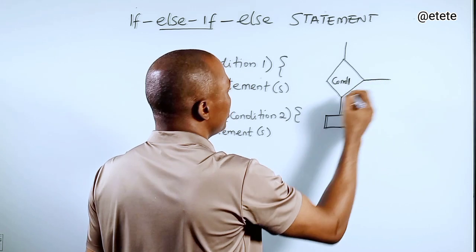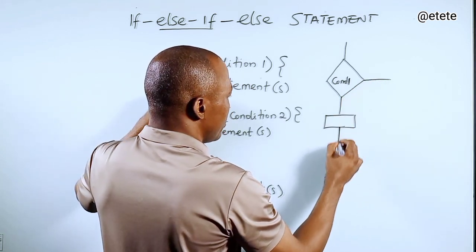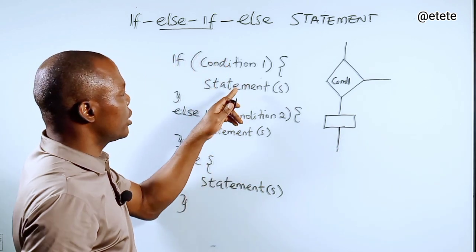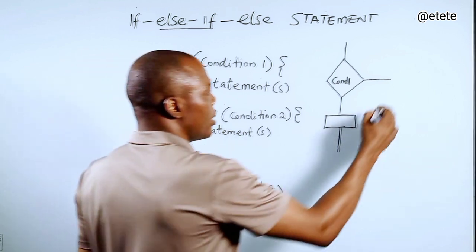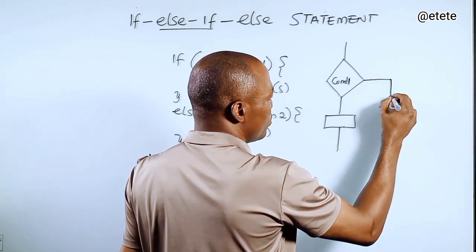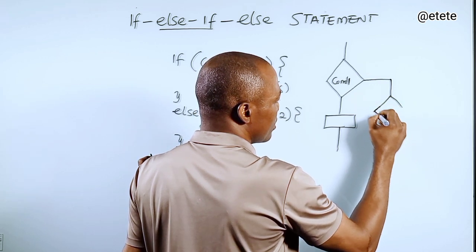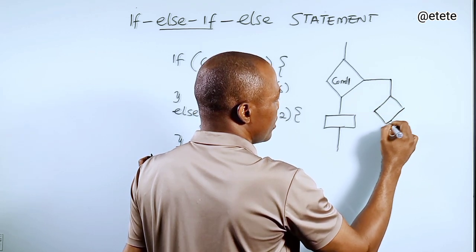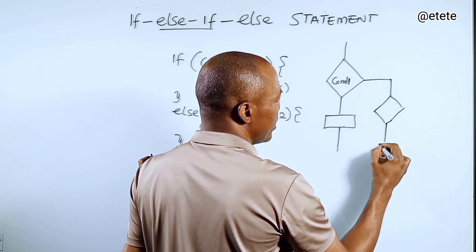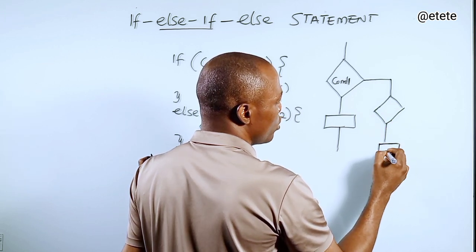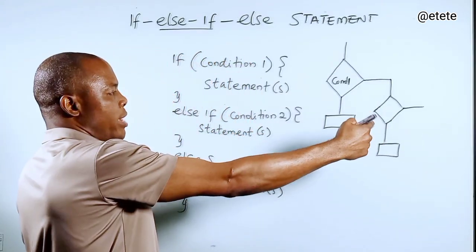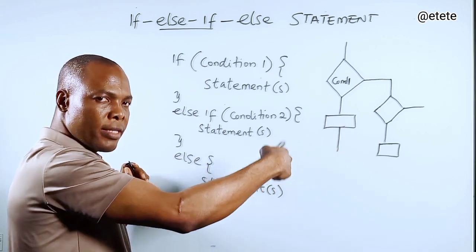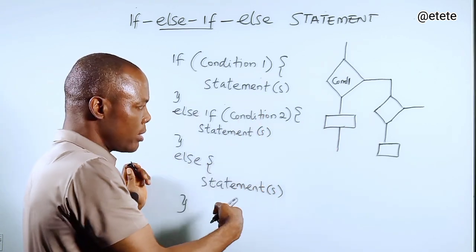But if the condition is false, then you have another if that you are going to test. So you will come here and you do this, right? And then you test this again. So if it is true, you carry out this.